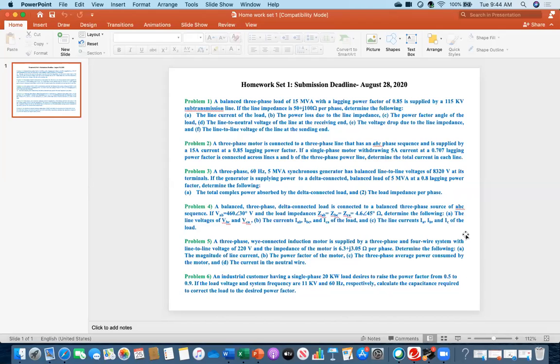For example, for number 2 and number 4 and many other problems through 5, if you listen to today's lecture, then you will be able to solve them. Even without today's class, whatever we discussed until last class, you would be able to solve 1 through 5. But if you listen to today's class, then definitely everybody will be able to.